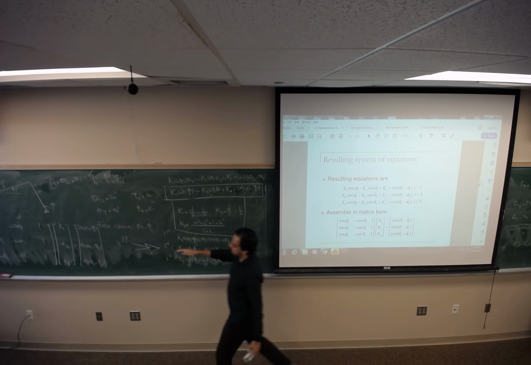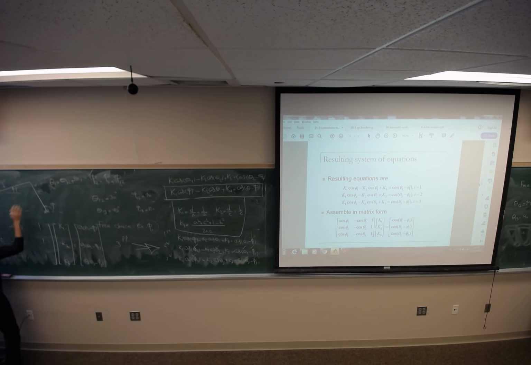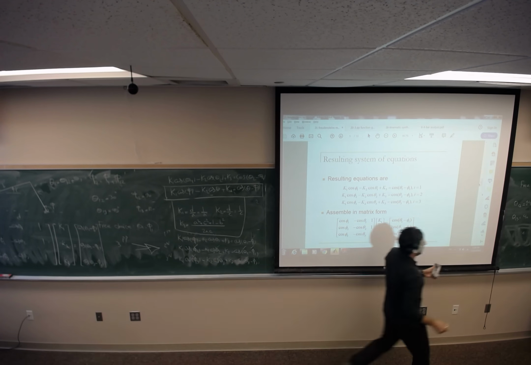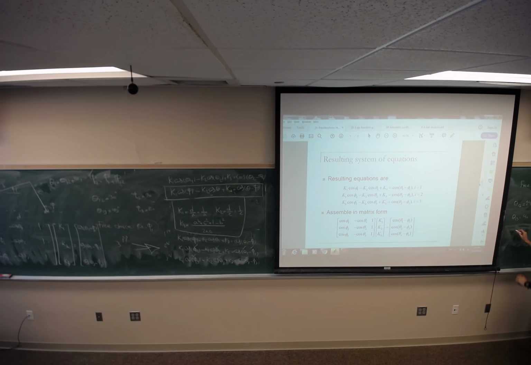But we are looking for A, B, C, and D is 1. Back to this, after you find K1, A would be 1 over K1.